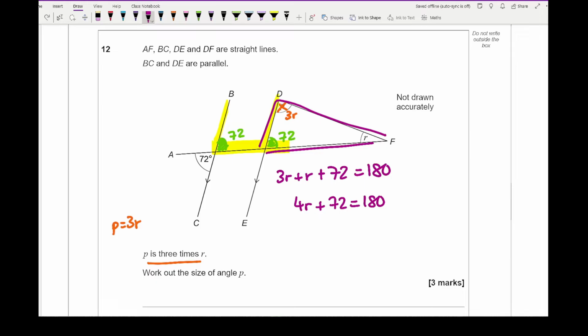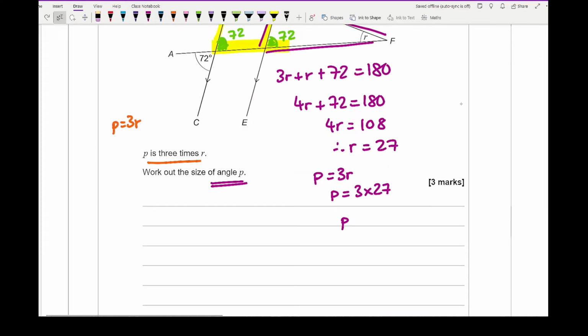Now all I need to do is solve this for R. So 4R is equal to 108, leaving me with an R value of 27. The question doesn't ask me to find R, it's asking me to find the size of angle P. P is equal to 3R, so P equals 3 multiplied by 27, which gives me an answer of 81.